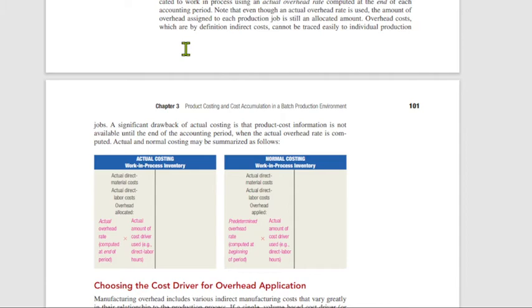But in management accounting, we have to sacrifice our accuracy a little bit when we look at timeliness or in making decisions for the company. Kaya nga, majority, if not all, companies are using the normal costing way of allocating the overhead. Okay?